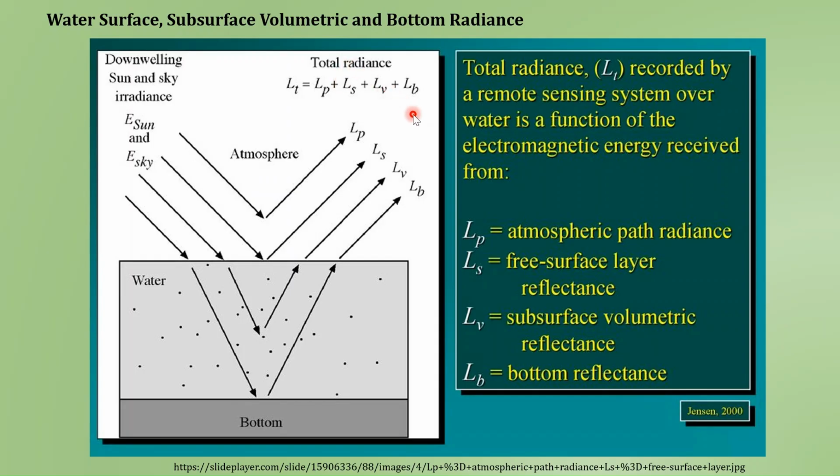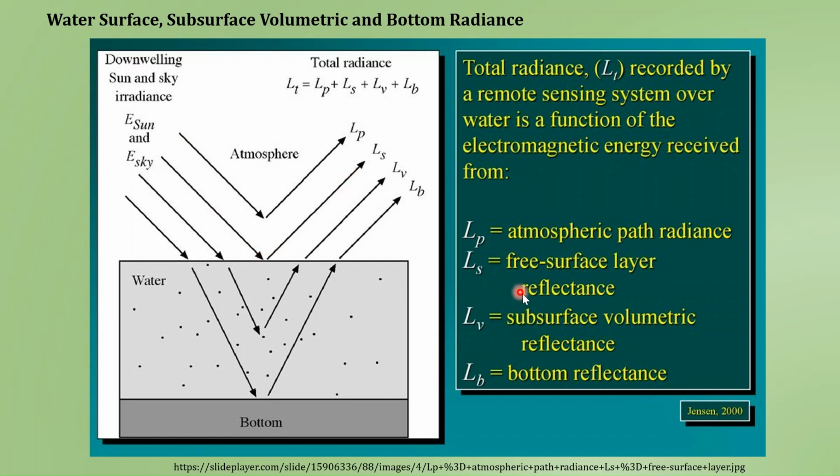The total radiance recorded by any remote sensing system over water is a function of electromagnetic energy received from four different sources. One is from the atmosphere. This is referred to as LP, the atmospheric path radiance. The second source is from the surface, meaning the radiation which strikes the surface and gets reflected.